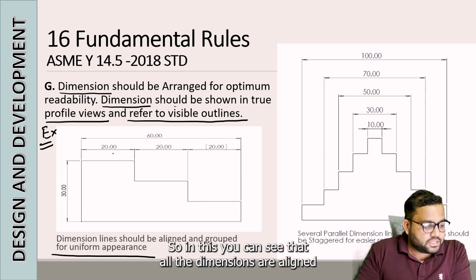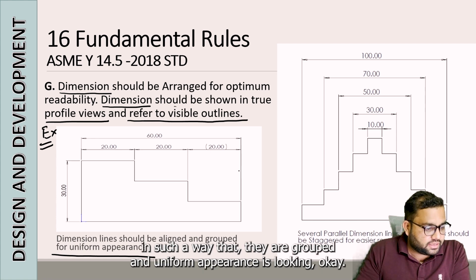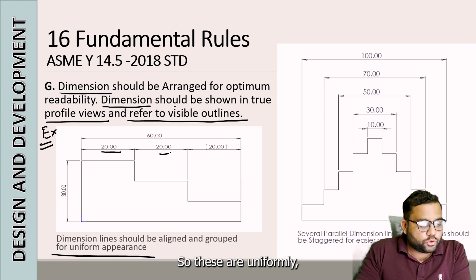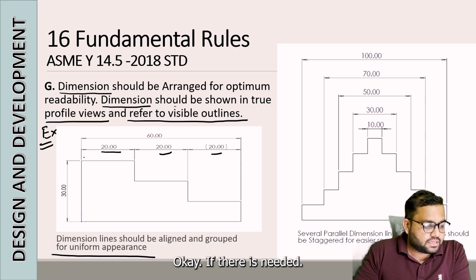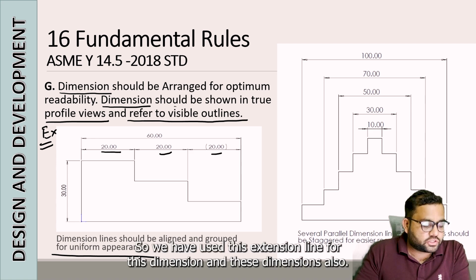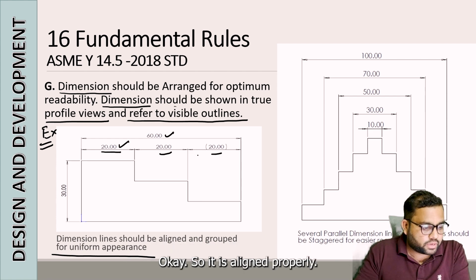You can see that all the dimensions are aligned in such a way that they are grouped and look uniform. All the extension lines are properly arranged. If there is a need, we use the same extension line for this dimension and these dimensions also. So it is aligned properly.